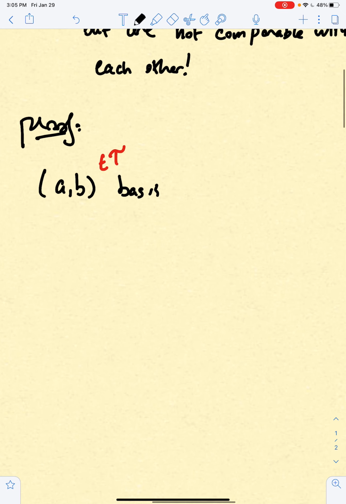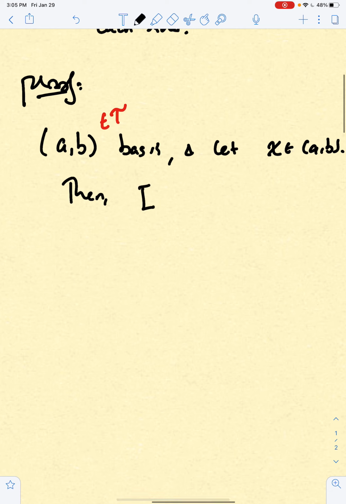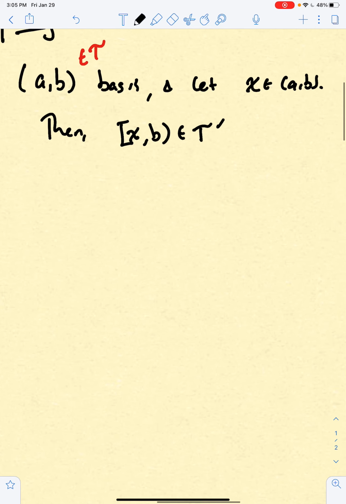And let x be some element of this interval. Then this is open in tau prime, in the lower limit topology, right? By definition, it's open, it's a basis element.